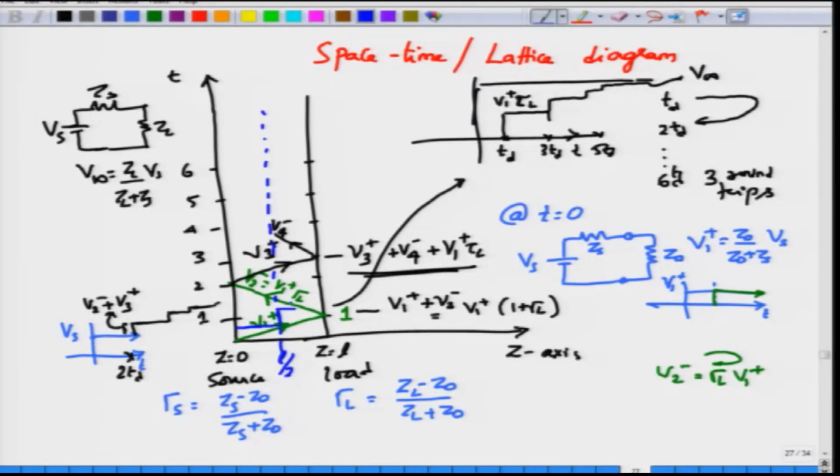So, this is half Td, this is 3 Td by 2, where you will see a jump of V2 plus, this is V1 plus, and then similarly V3 plus and so on.